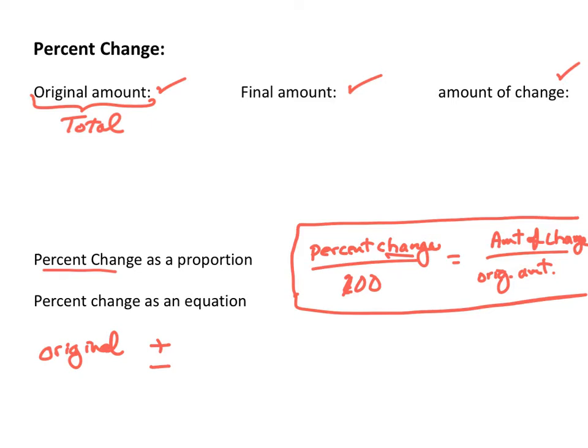Now, to get the amount that it changed by, that would be some percent. See, that's our percent change. Some percent of the original. Okay. So if you start with the original amount and then you increase or decrease by some percent of the original amount, then you should get the final amount.